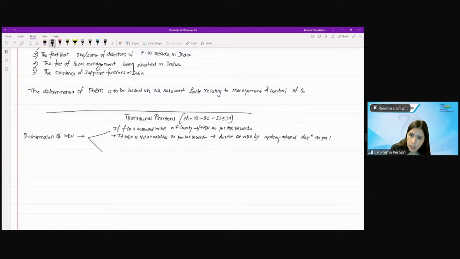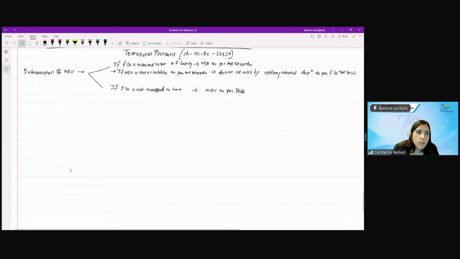As per the foreign country tax law. And if the foreign company is not assessed to tax, then you take as per the books of accounts, right?